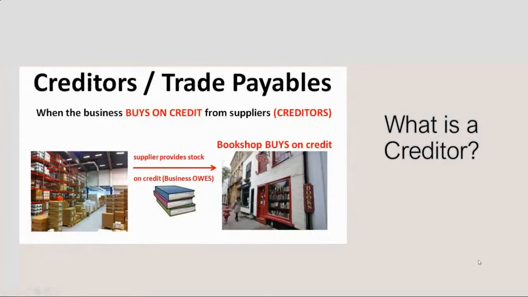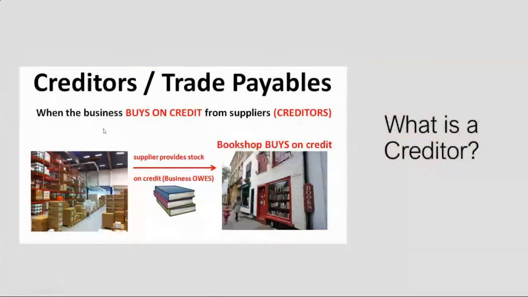A creditor, on the other hand, is when our business buys on credit. So a debtor is when you sold on credit. A creditor is when you buy on credit from a supplier. So your supplier is seen as your creditor. That's who I owe money. That's the debt my business has to pay someone else.